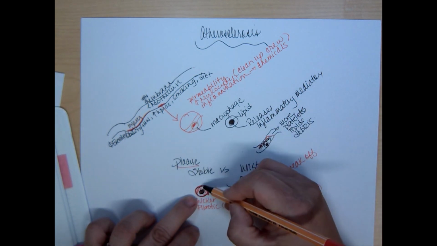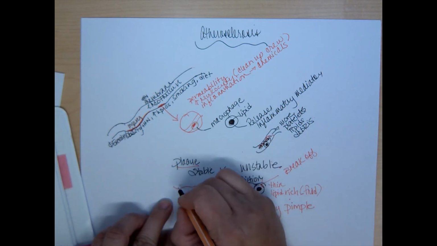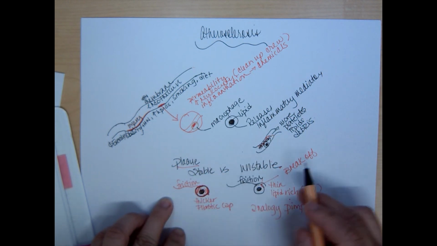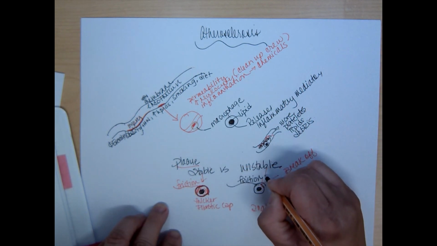So this is harder, and your friction and shear is less likely to break that off. Hence this is more stable and this is unstable.